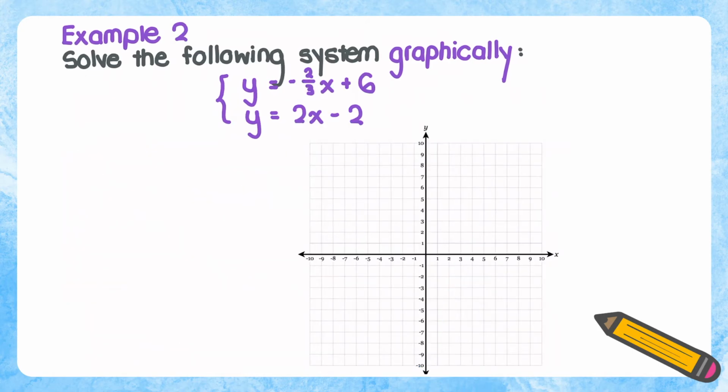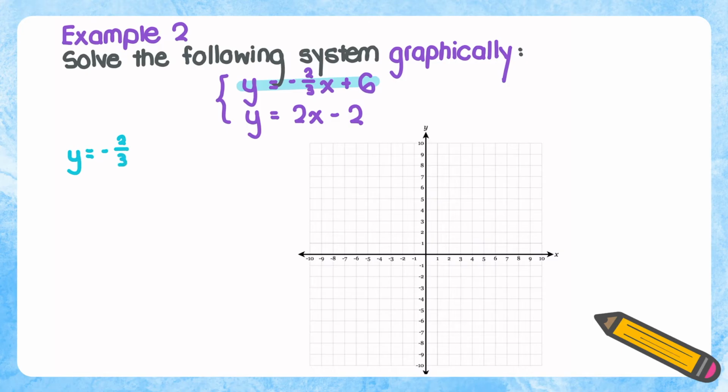For our next example, here is our linear system. We have y equals negative 2/3 times x plus 6, and also y equals 2x minus 2. Let's start with the top equation. So y equals negative 2/3 times x plus 6.